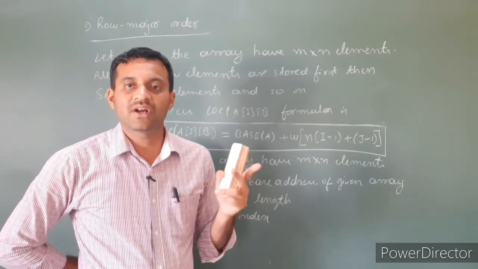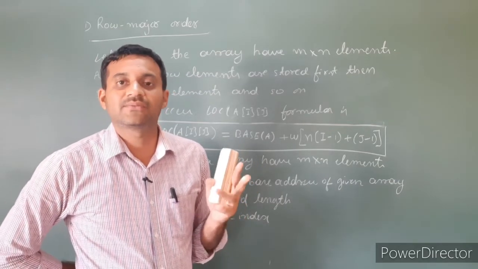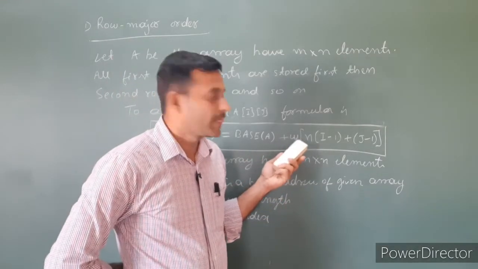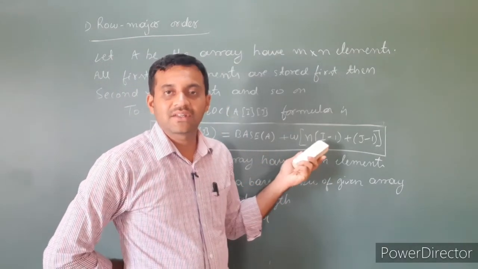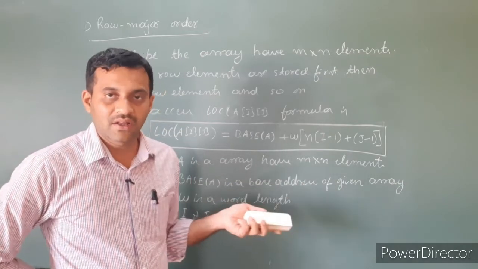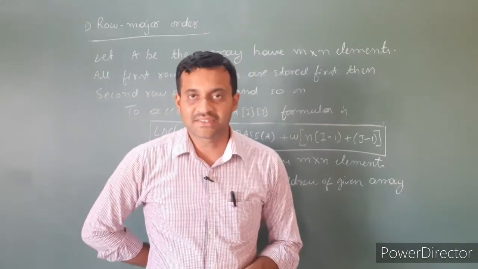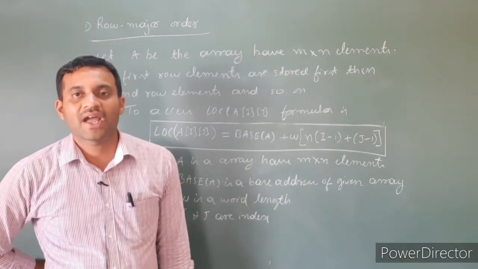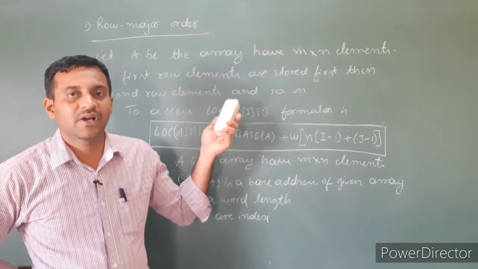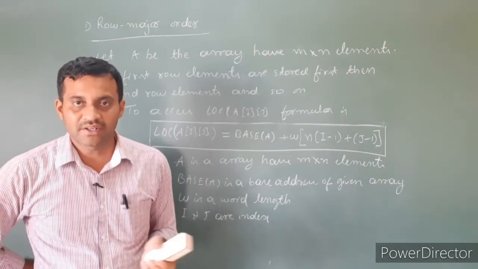If it is character, word length is 1 byte. If it is float, word length is 4 bytes. That is the W. Then n and m are the matrix orders, m number of rows, n number of columns. i and j are the indices. Using this formula, we access the location of the element if the matrix follows row major order.